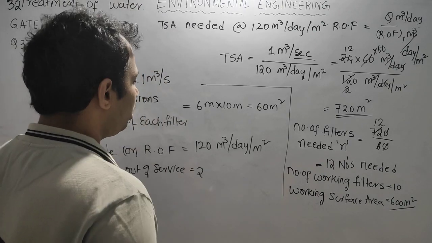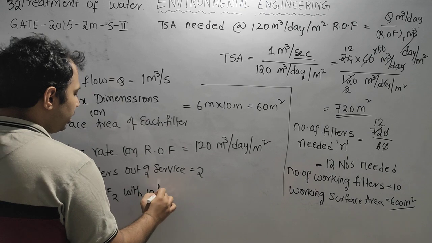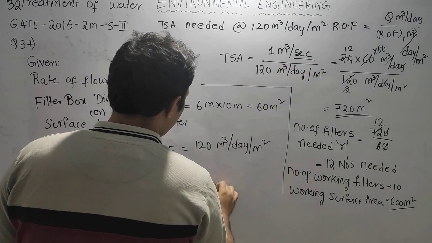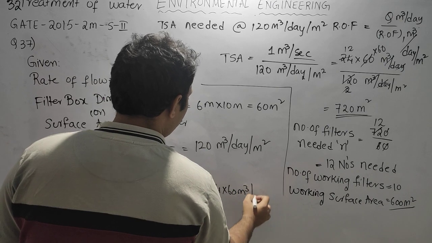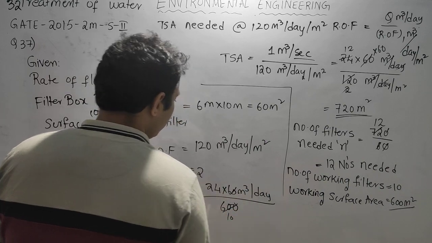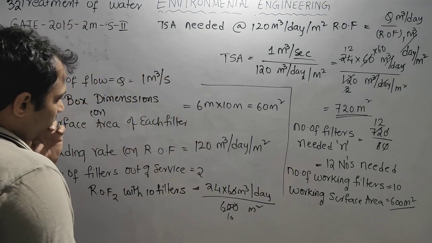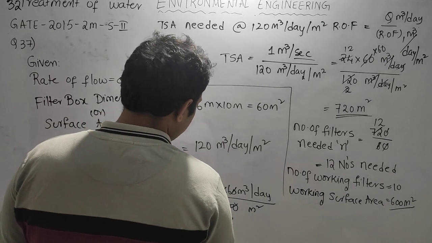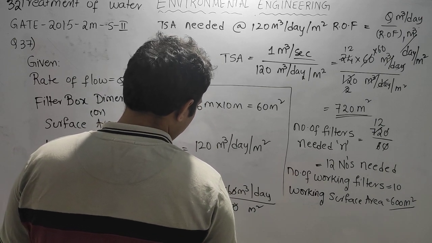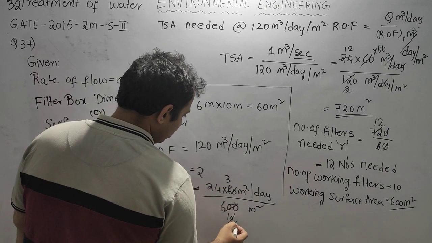Now the rate of filtration RoF2 with 10 filters is equal to the amount of water needed, 24 into 60 into 60 meter cube per day, with a surface area of 600 we are having.